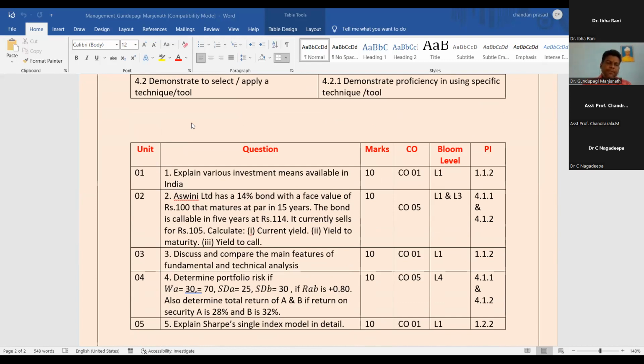In the table of specifications, you have how many modules you have in your syllabus. You can try with your syllabus copy. You have 5 modules. For each module, I have taken one particular question.